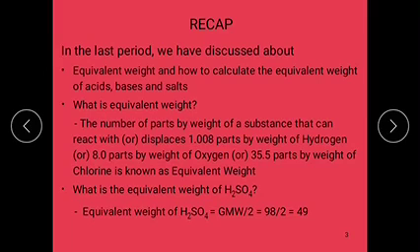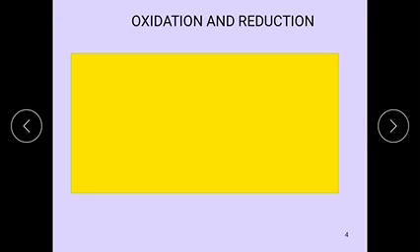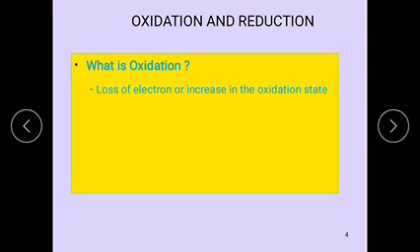Now let us see what oxidation and reduction are. What is oxidation? The process of loss of electrons from an atom or ion or molecule is called oxidation.